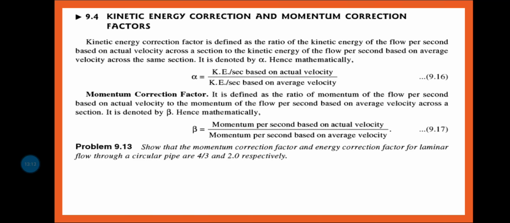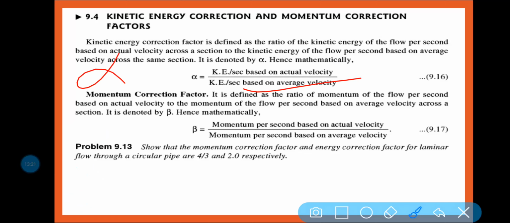Look, kinetic energy per second based on actual velocity by kinetic energy per second based on the average velocity is denoted by alpha. It is called your kinetic energy correction factor. Basically it is defined as the half mv square, that is kinetic energy per second on actual velocity by average velocity.